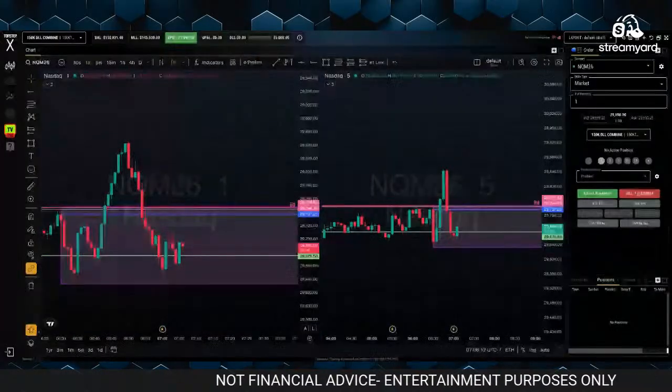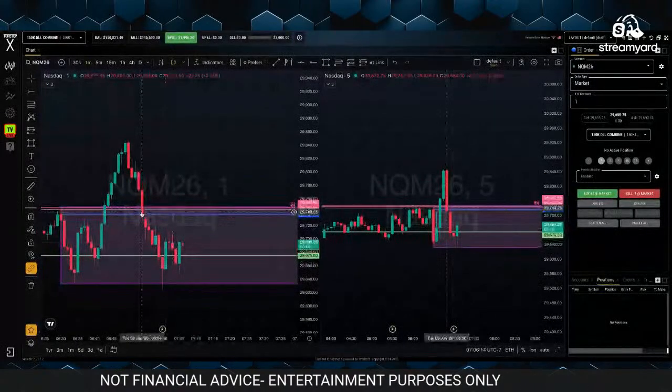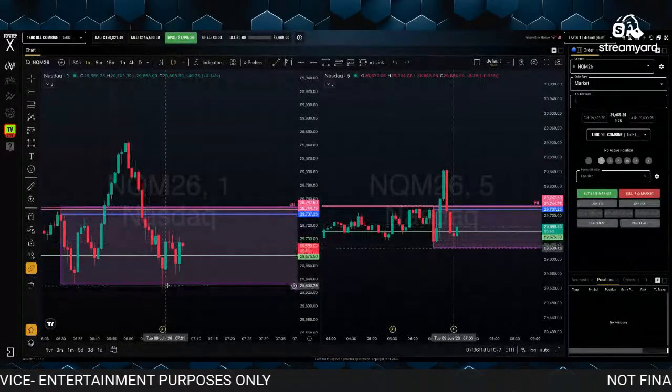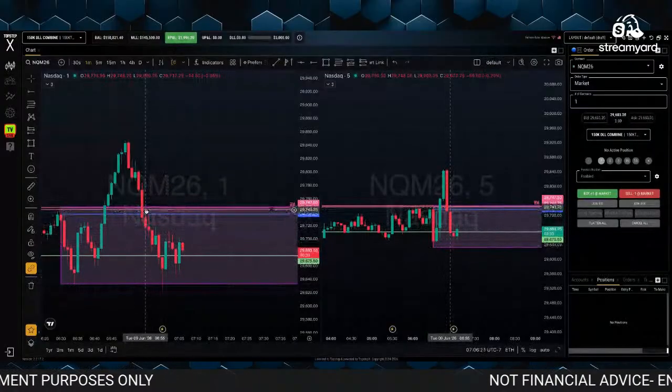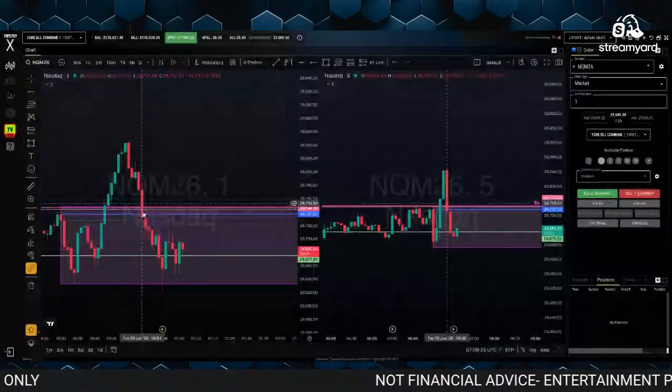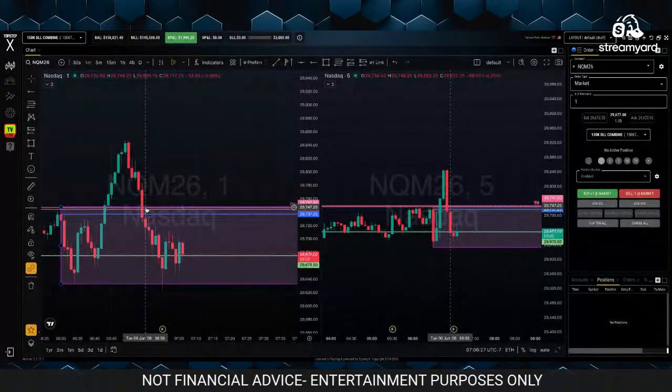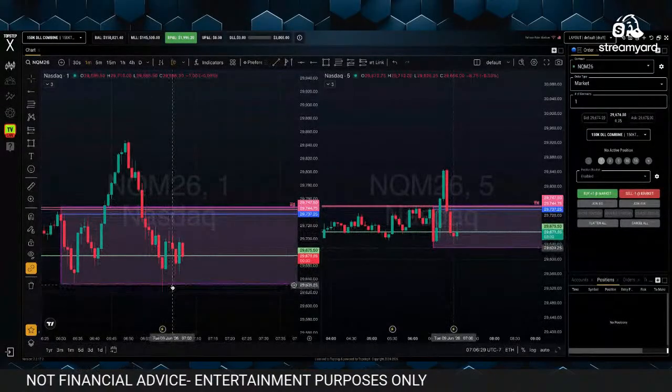But I'm looking, to go from this top purple line to this bottom purple line, for it to come touch, with a strong close inside of the box, towards the top, and then sell it down to the bottom.